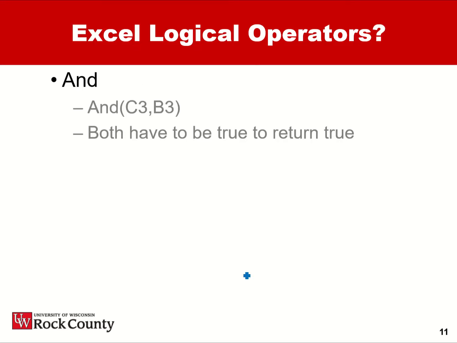So how are these logical operators represented in Excel? We use them as functions: AND. So here's the AND one. It would be equals AND, in this case B3 and C3. There should be an equals in front.